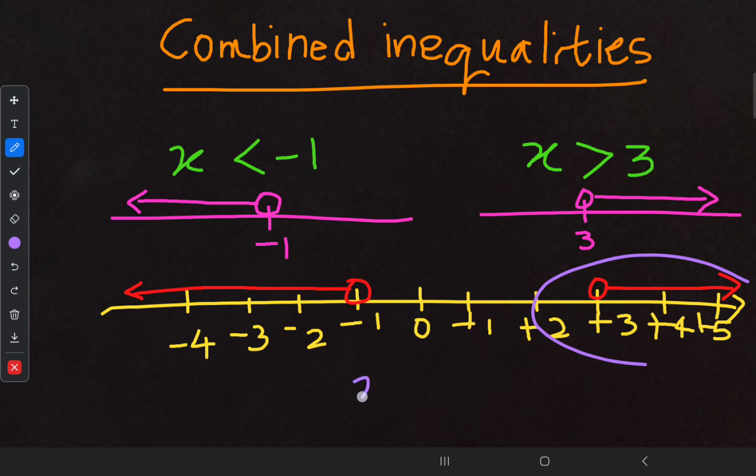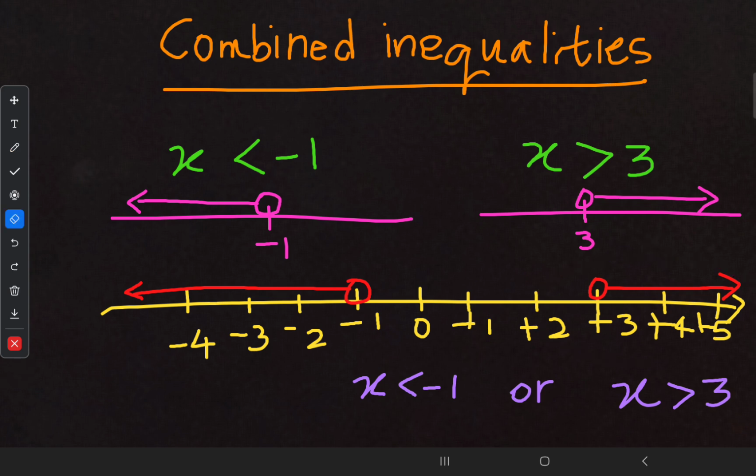You have to answer like this: x will hold the values which are less than negative 1, or x will hold the values which are greater than 3. This is the way you have to mark your answer, because there is no intersection region between these two inequalities. So we have to write our answer as it is, what we did here.